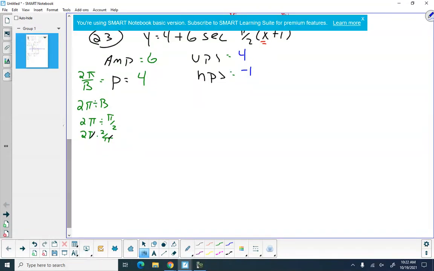So we look at the graph of this. We're going to be a little bit top heavy because we have amplitude of 6 and a vertical phase shift of 4. So I'm going to be top heavy on this.